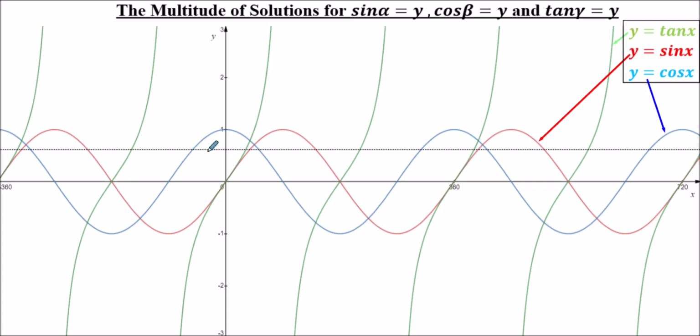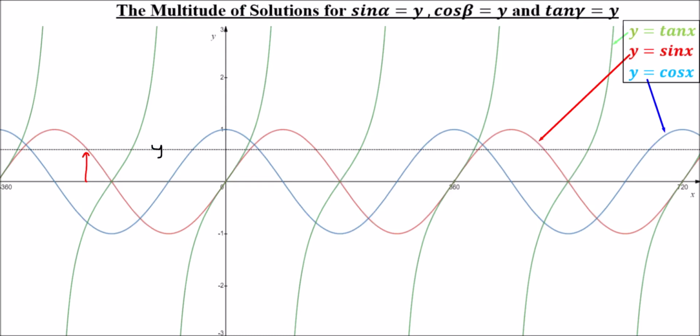It doesn't matter what the actual value of y is, as long as it's between -1 and 1. For example, if x were here, you could see this value of x would yield a value of sine of that x being equal to this arbitrary value of y.